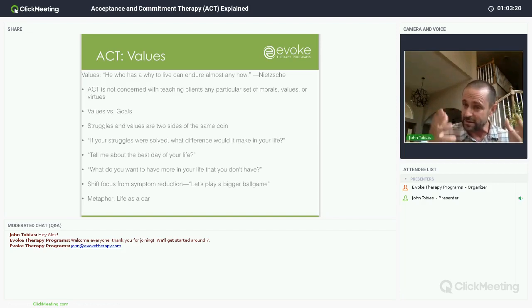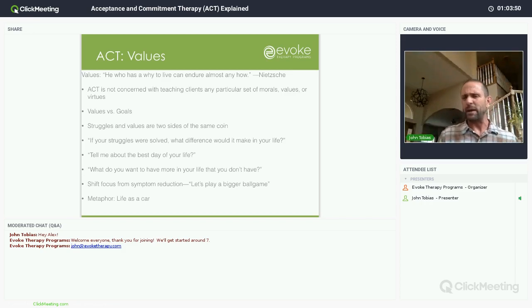Instead, how can I create a different relationship with my bad stuff, my difficult feelings, so that I can move more freely in relationship to my difficult internal experiences? So the phrase that I like to use is, I wonder if you can play, instead of just trying to control or push away or do battle with your bad stuff, your bad feelings, your difficult internal experiences.